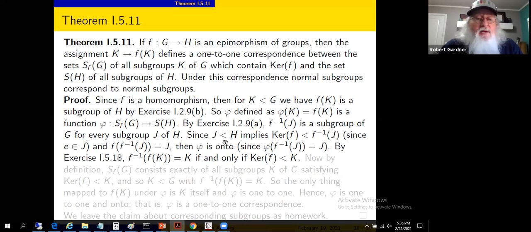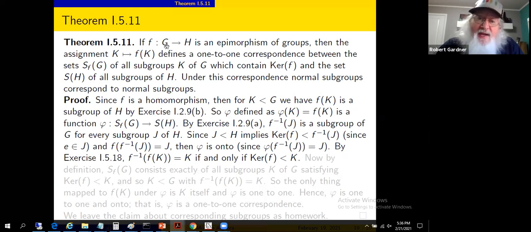Let's see, take J, a subgroup of H. That implies the kernel of F is a subgroup of the inverse image of J. Remember, J contains the identity, and the kernel is the stuff mapped to the identity. So when I take the inverse image of J, that includes the inverse image of the identity over here.